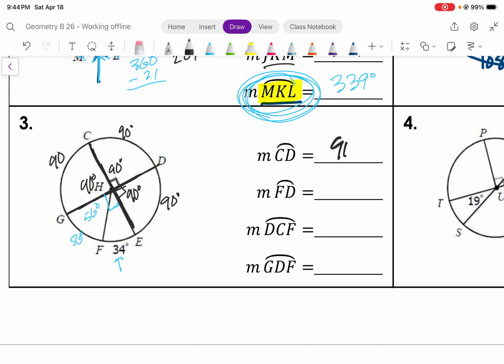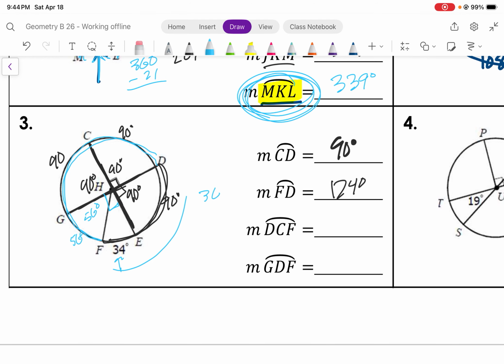So arc CD is 90 degrees. We have arc FD would be 90 plus 34, which is 124. Then we have DCF, D to C to F, which is everything but the section we just found.